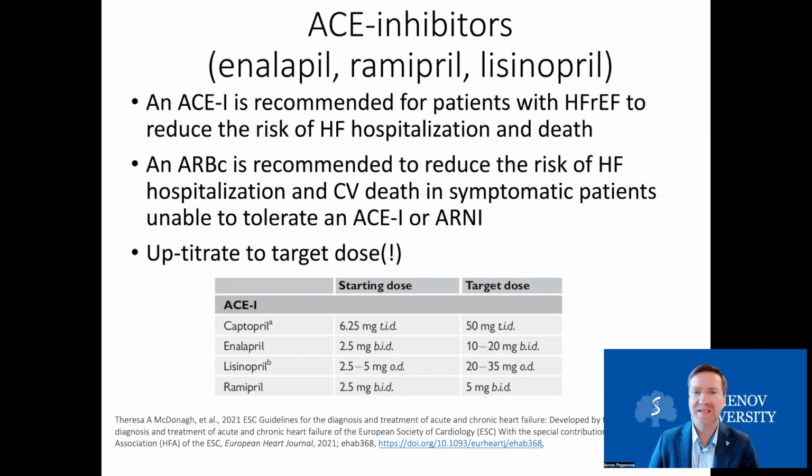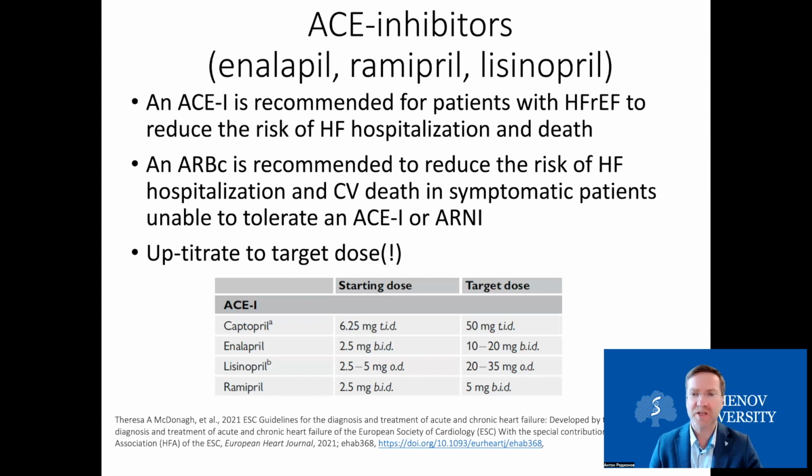But you know that these groups of drugs are widely used as antihypertensives, and they can cause hypotension in some patients with heart failure. Blood pressure is normal or even decreased. That's why we need to use small doses as a start, but then up-titrate slowly to target doses, to the highest doses, to improve the prognosis.